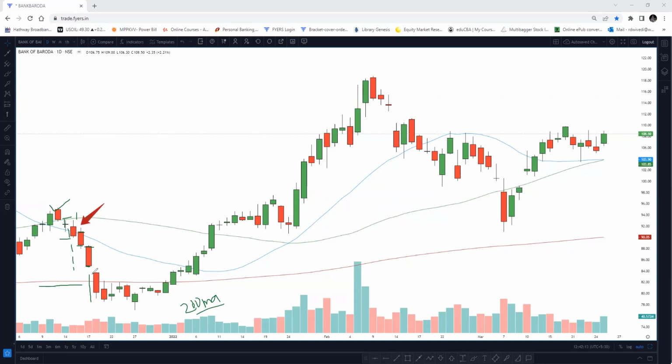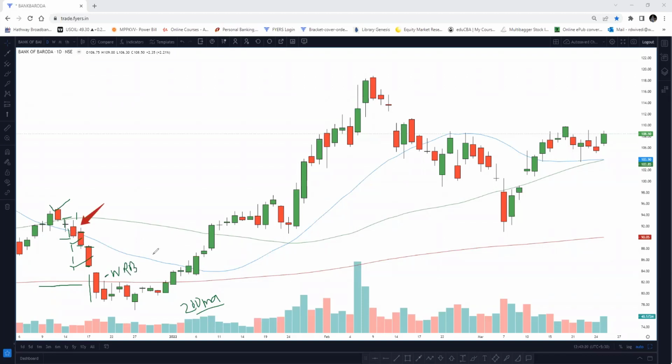So when a very strong wide range bar appears on the 200 MA, we should keep in mind that something must happen here and we should not blindly go short in the market as we have gone here or here. This WRB has appeared on the rising 200 MA, and this is a minus wide range bar, as we call it.